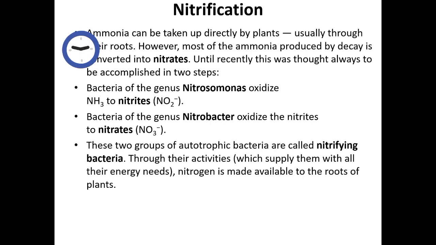So these two groups of autotrophic bacteria are called nitrifying bacteria. By their activities, the nitrogen is now available to the roots of the plant, and that nitrogen is further taken up by the plant.